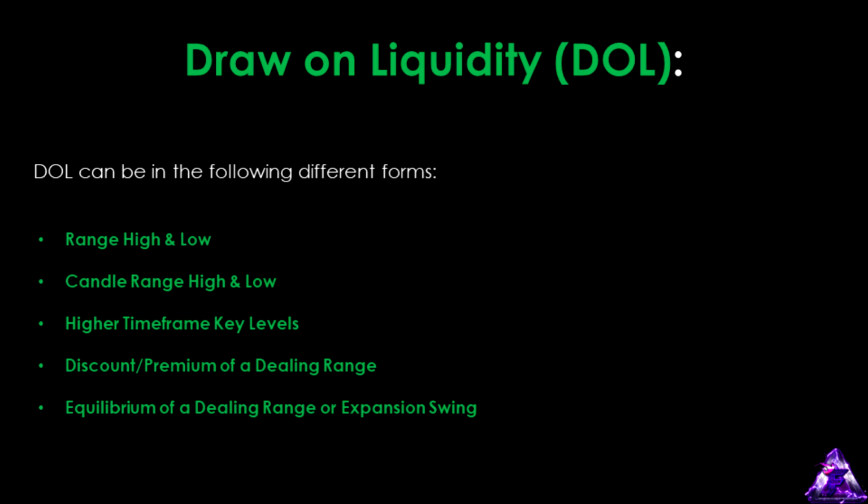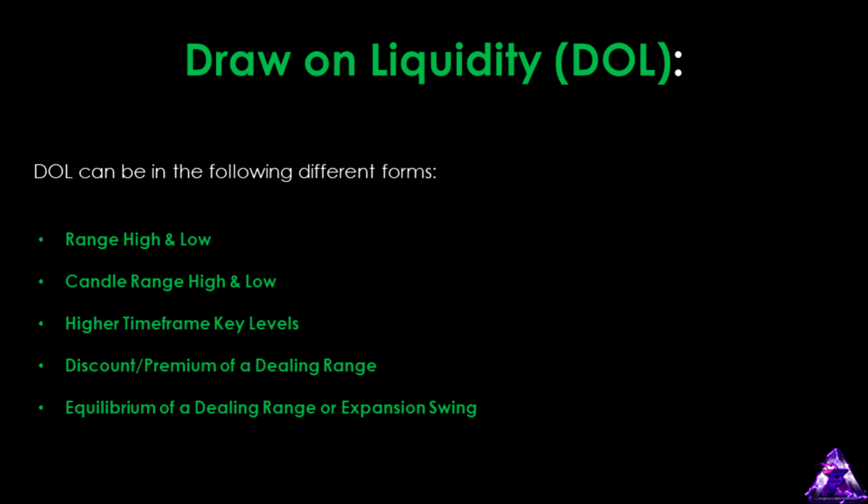For example, if you're working within a bullish order flow, the short-term draw on liquidity will be the discount or equilibrium region of that dealing range or expansion swing, while the long-term draw on liquidity will be the premium region of the dealing range or a key level within the premium region.